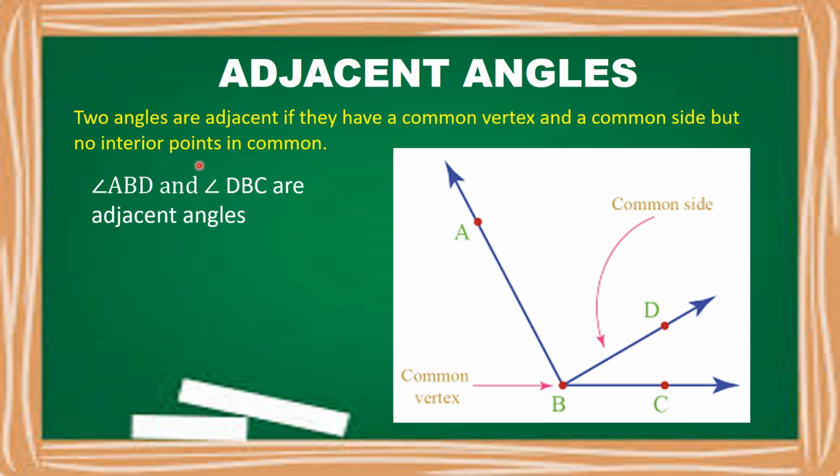So what are interior points? This space here consists of points that are in this angle ABD, and this space here consists of points in the interior of DBC. They don't have common interior points, so they are adjacent with a common vertex point B.